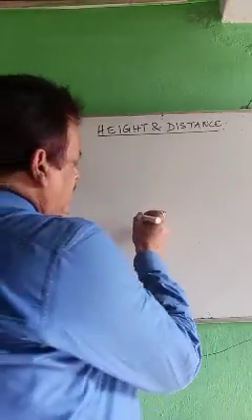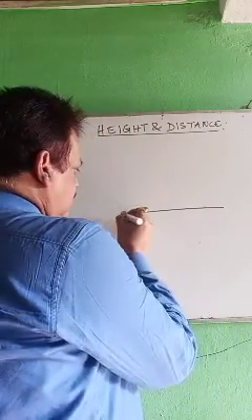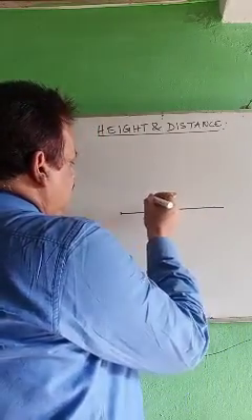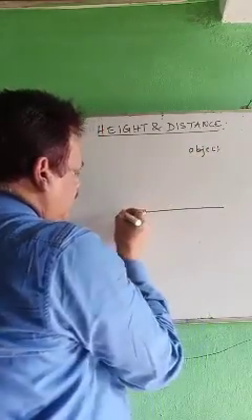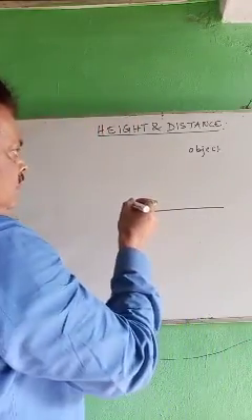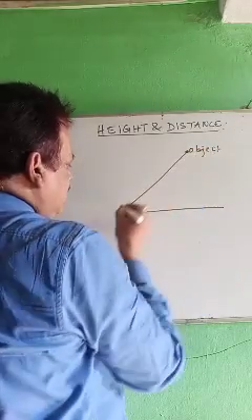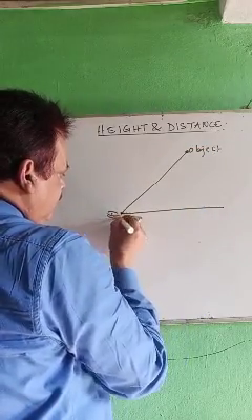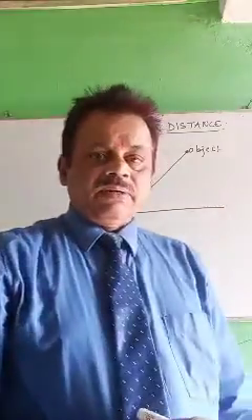For that, what you have to know here is, suppose there is an object here. This is your object, and you are looking from here.